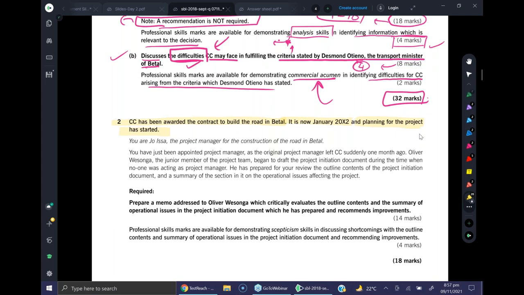There's one thing which I missed at the beginning, but let me discuss requirement 2 and then I will come to that. So requirement 2 is CC has been awarded the contract and the planning for the project has already started, and it says that you are Joe Isa, the project manager for the construction of road in Beetle.